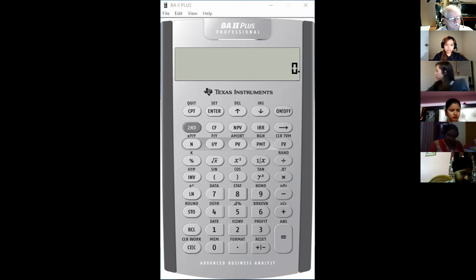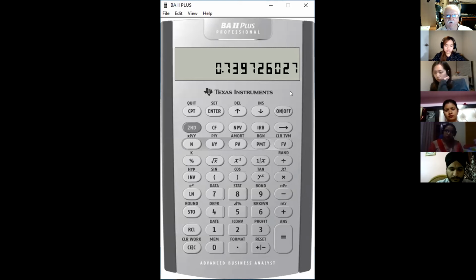So what we've got is 5124 over 1 minus 9% times 270 over 365. And in order to follow the order of operations, BEDMAS, I'm going to have to start with 270 divided by 365.